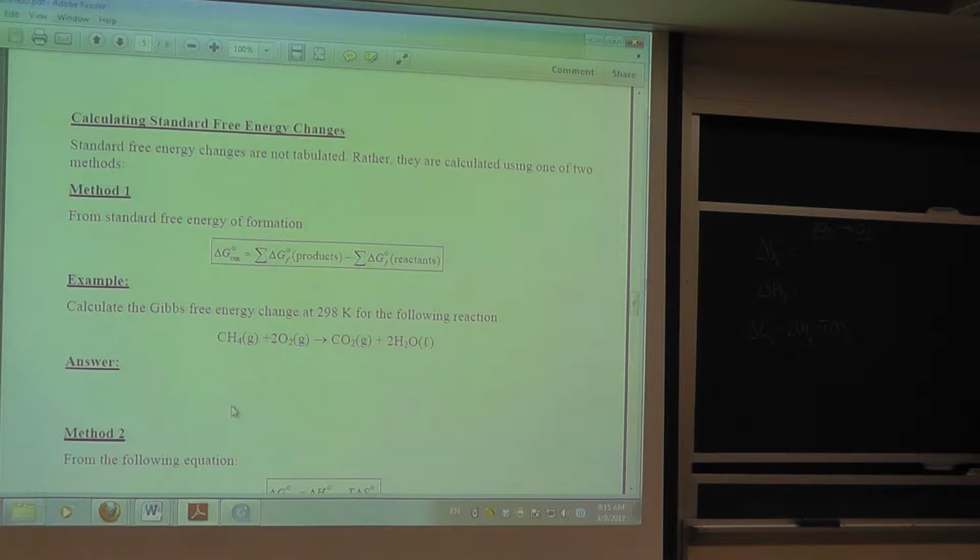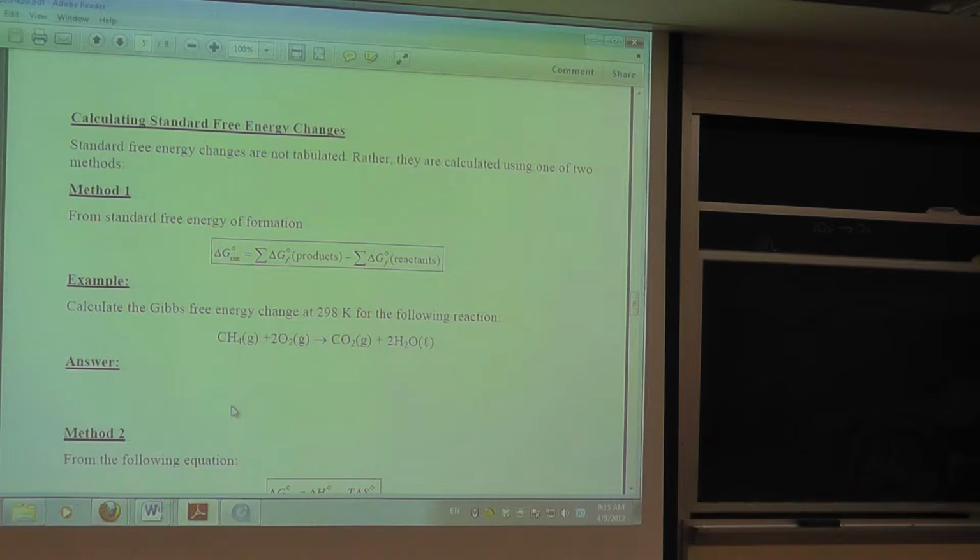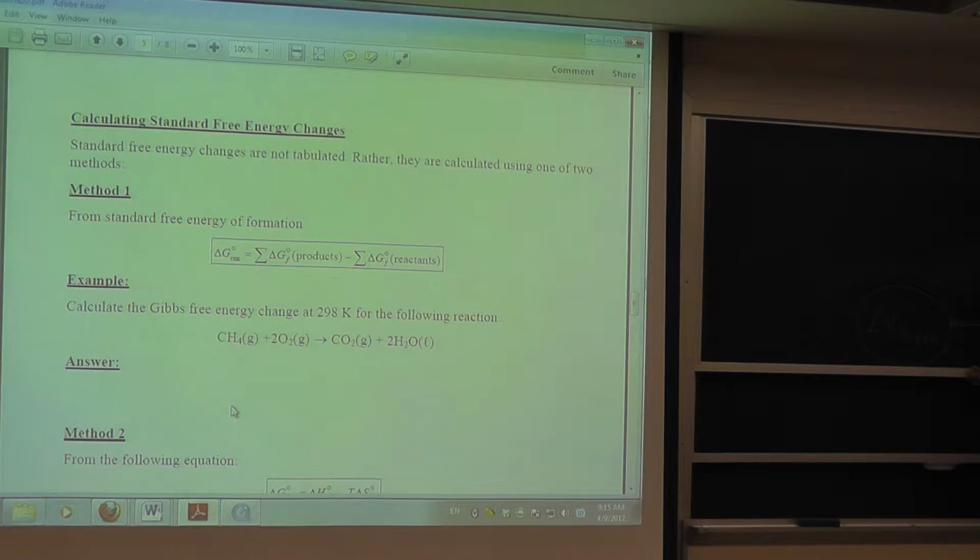So let's go back to our outline here. Remember, our ultimate goal is getting delta G of reaction. We're going to get that from delta G naught of reaction. And we're going to get the delta G naught of reaction from the Gibbs free energies of formation. And the Gibbs free energies of formation we're going to get from the enthalpy of formation and the entropy of formation.